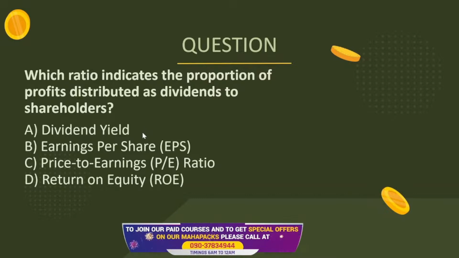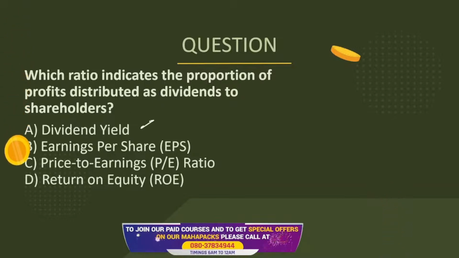But in this case, we are talking about the dividend to shareholders. When you are giving dividend to the people, yield is basically what? How do you define the term yield, everyone? Dividend yield can be the income that you are receiving.